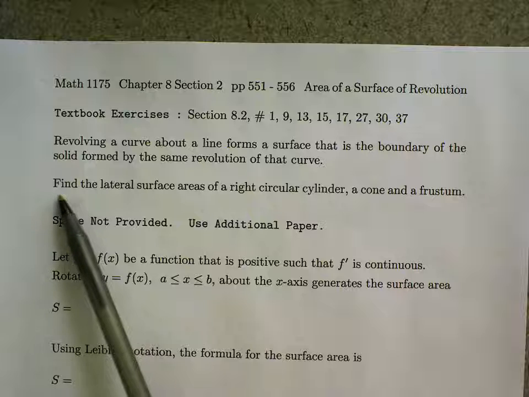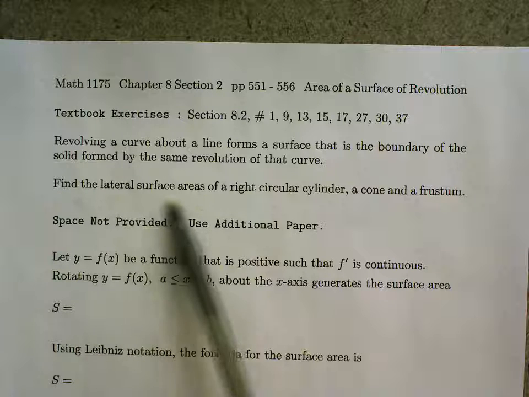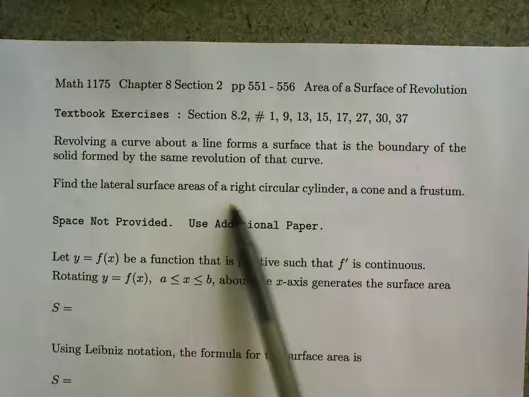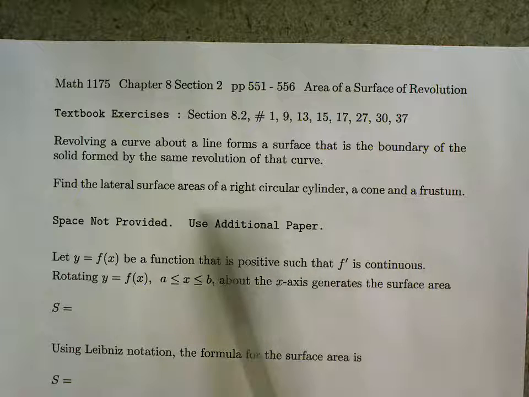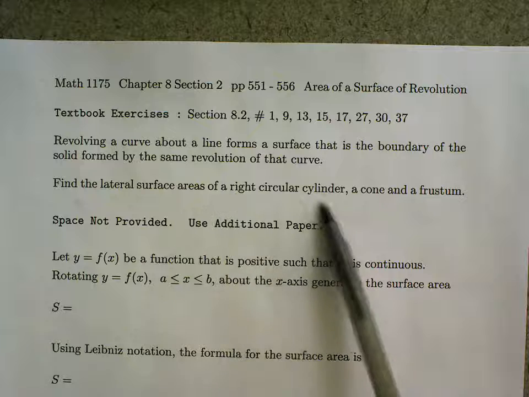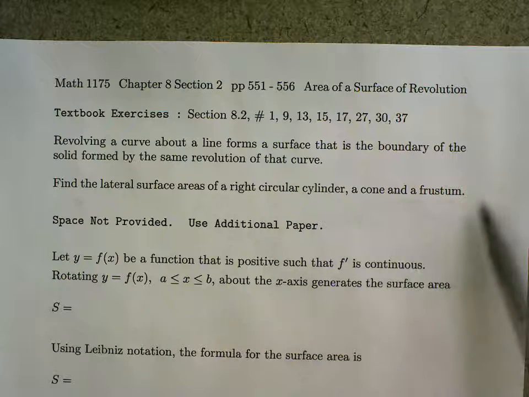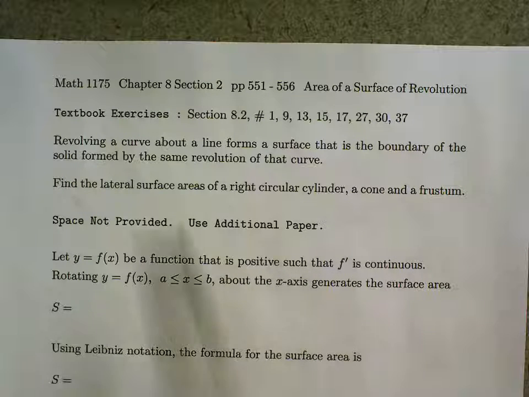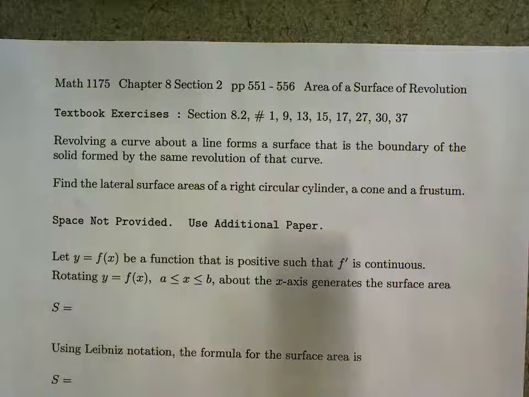So to start with, we'll find lateral surface areas of 3 geometric figures, 3-dimensional figures: right circular cylinders, cones, and frustums. And I'm going to use a lot of paper, so on other paper, we'll work on that stuff.